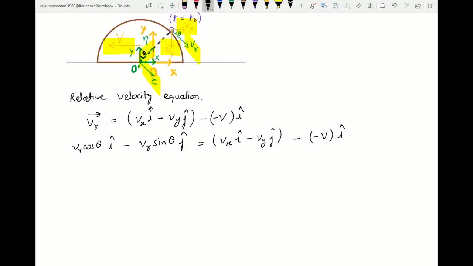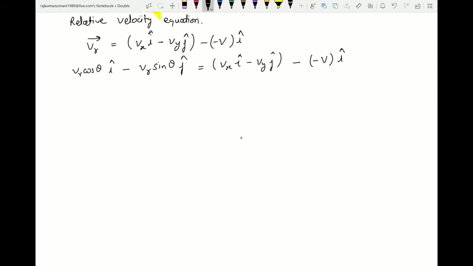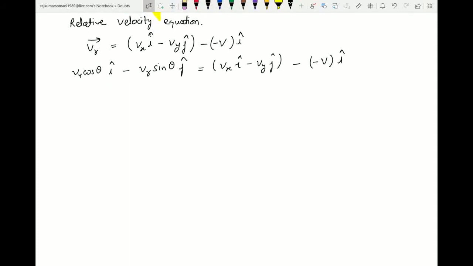By comparing i and j separately, I can say that Vr cos theta is equal to Vx plus V. Let us call this equation number 1.